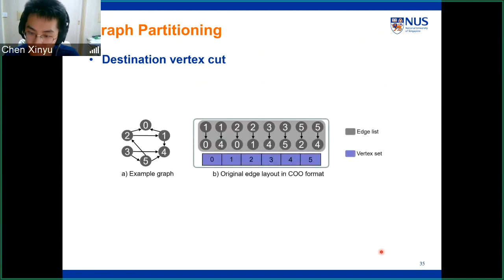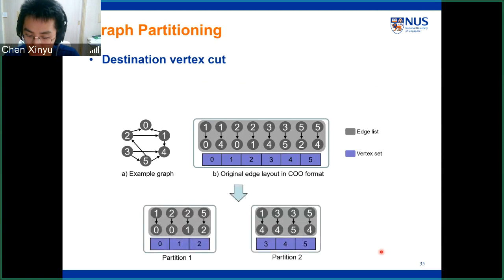Let's see this simple example. Here is the example graph with 6 vertices, and let's say the FPGA can only buffer 3 vertices. In this case, we partition this graph into 2 partitions, with partition 1 buffering vertices 0 to 2 and partition 2 buffering vertices 3 to 5.